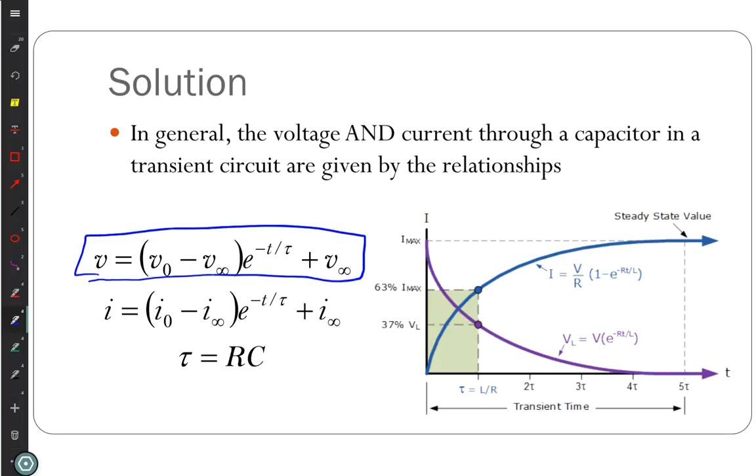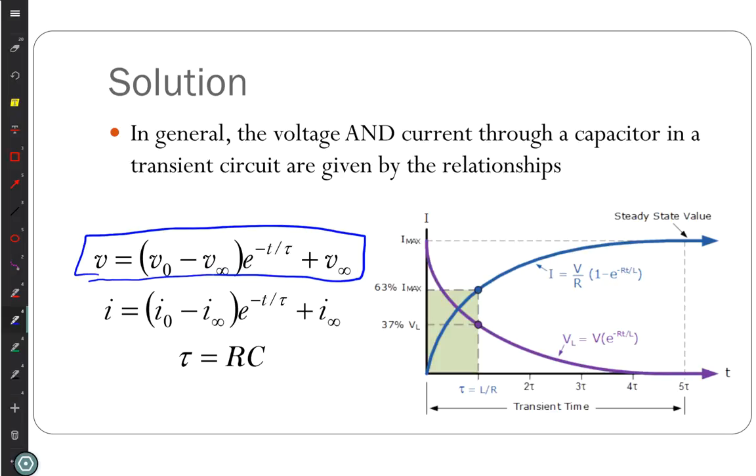So that just becomes I initial e to the minus t over tau. So the capacitor current curve is always going to look exactly like the purple line here. The height that it starts at and the time factor for its decay depend on the circuit. But it always has that shape.